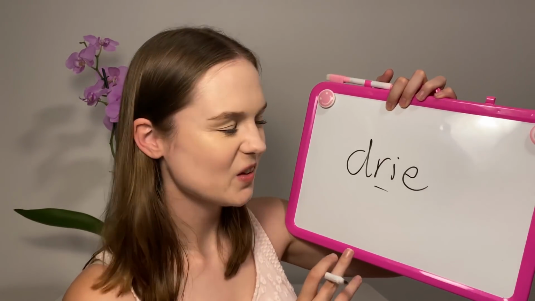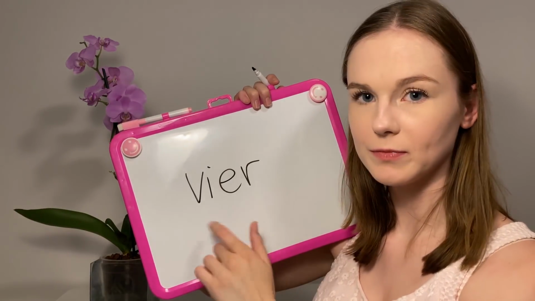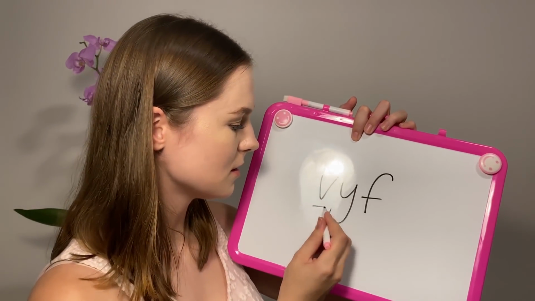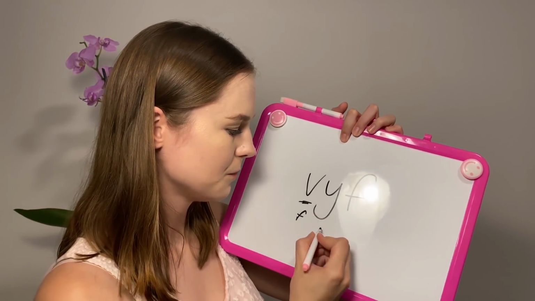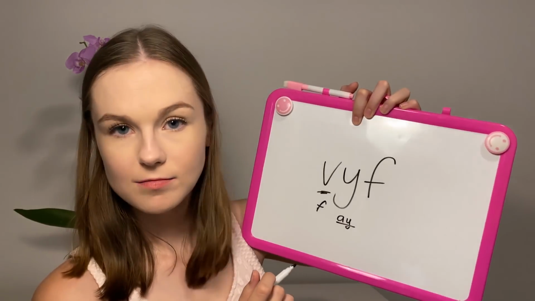That roll of the R. Drie. 4 is vier. 5 is vyf. So this is an F sound, and this is like an A Y sound. Vyf. Because the Y serves as another vowel.